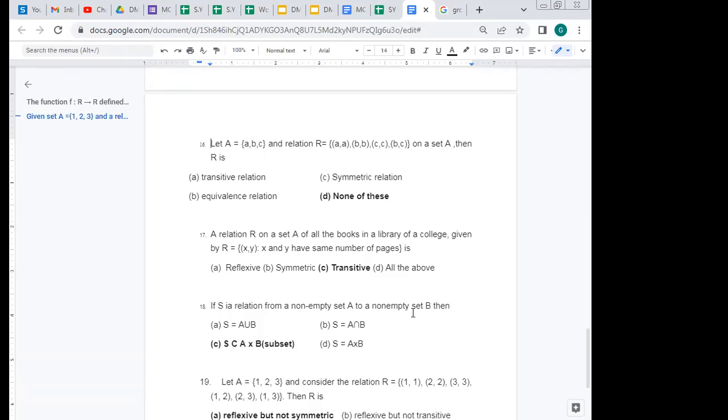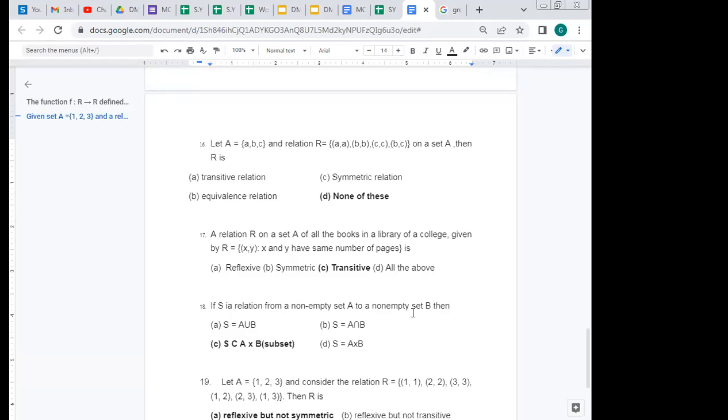So what type of relation will it be? Transitive relation? Is it the transitive one? No. (a,b), (b,c)... BC is there. Symmetric? It's not symmetric also.